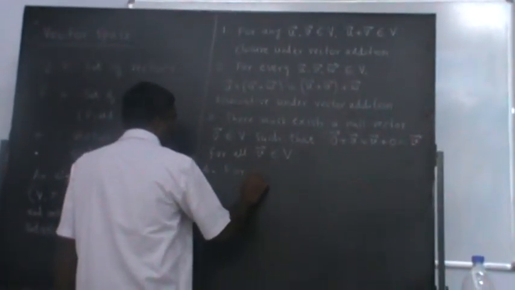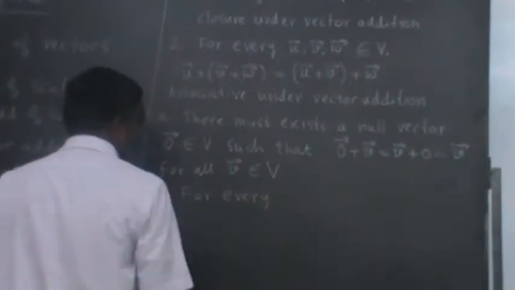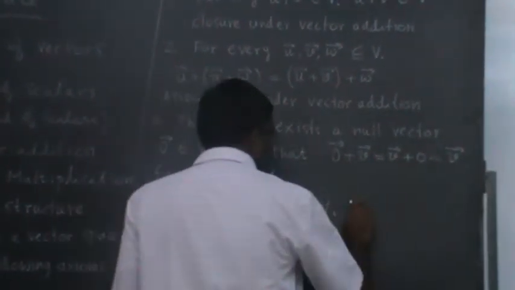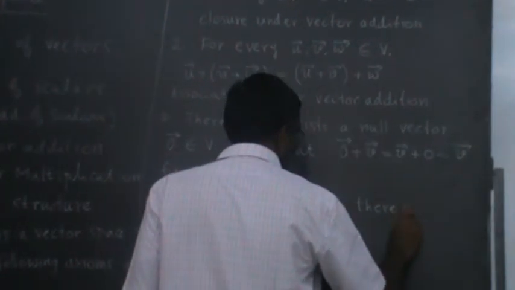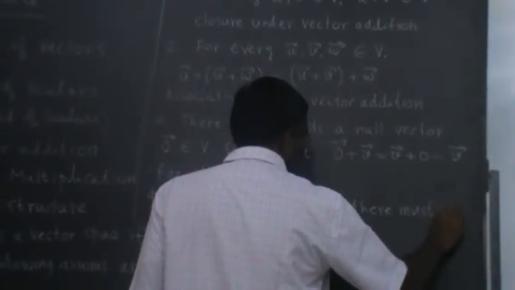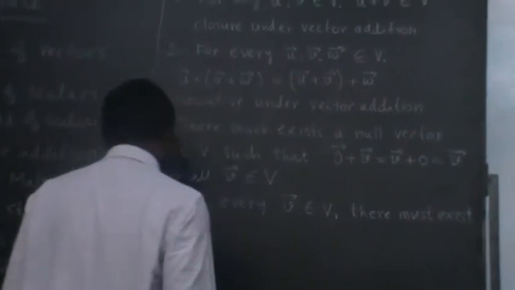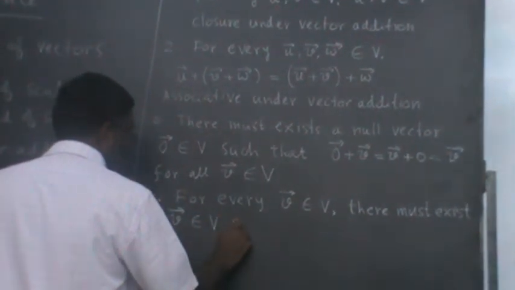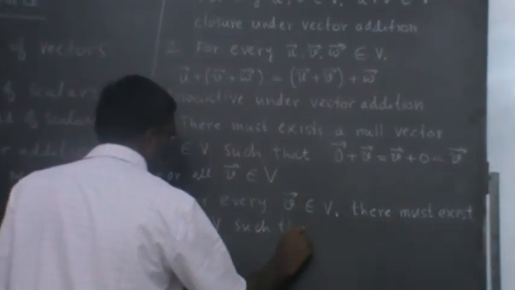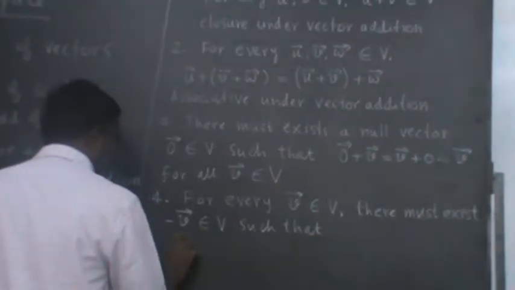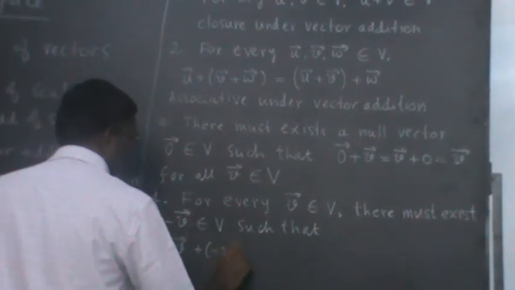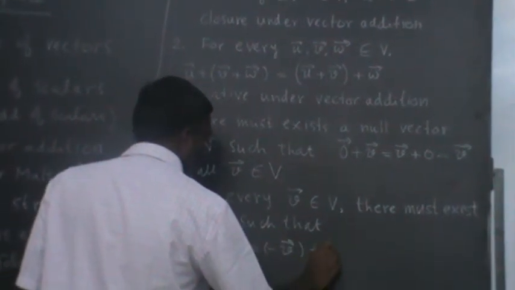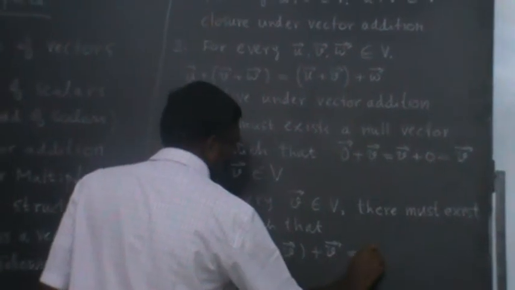For every v in V, there must exist minus v in V such that v plus minus v is equal to minus v plus v is equal to null.